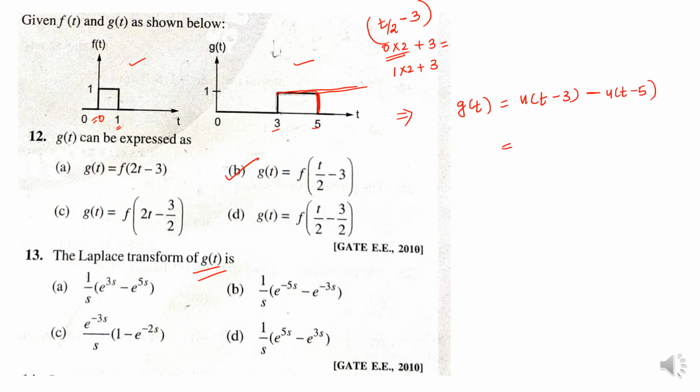Apply the Laplace transformation here. So e power minus 3s divided by s, because this is a unit step function. If you take a Laplace transformation of 1, we get 1 by s. So e power minus 3s by s, minus e power minus 5s divided by s. So this is the correct answer. So option B is the correct answer.